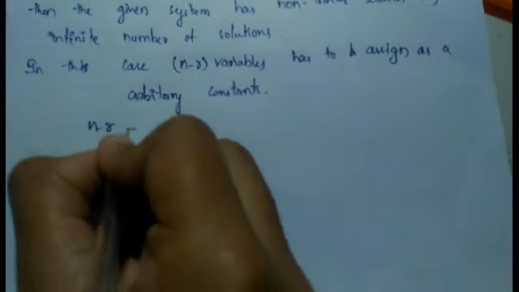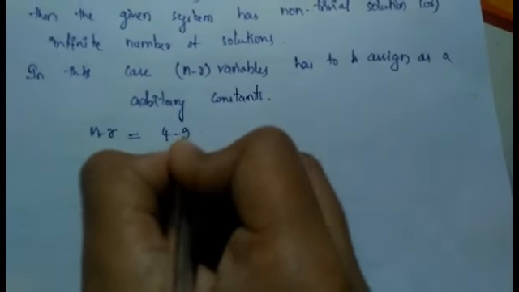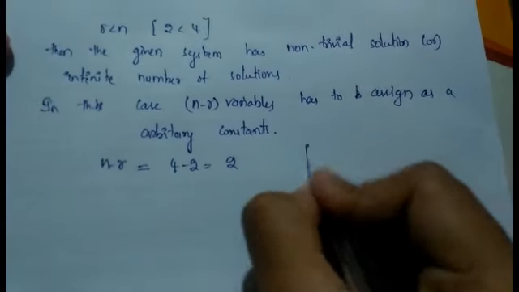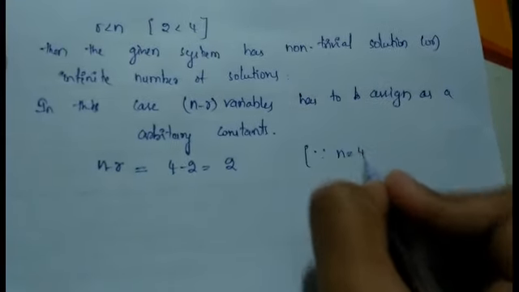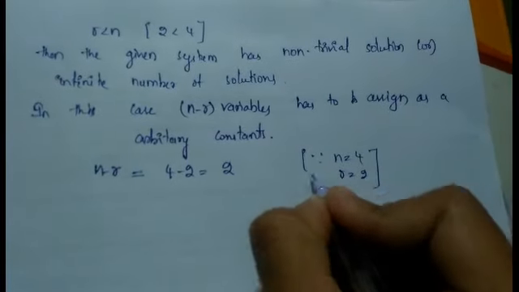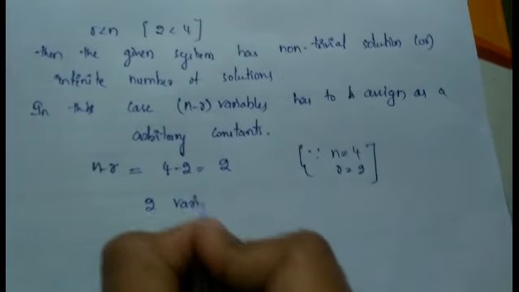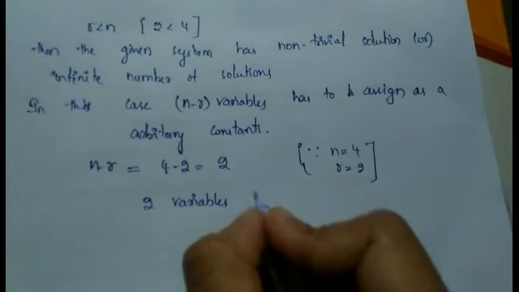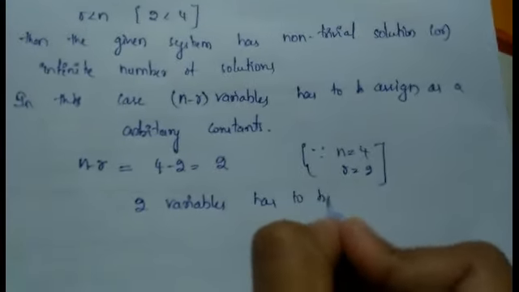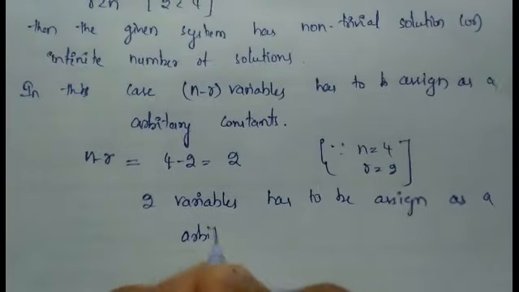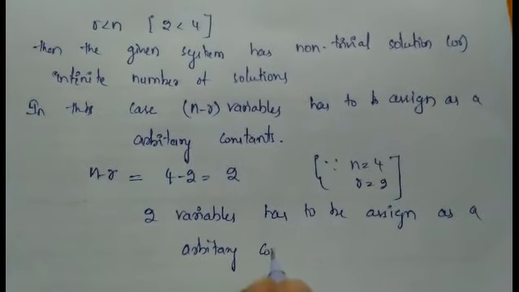Here n minus r is 4 minus 2, that is 2, since n equals 4 and r equals 2. So in this case, two variables have to be assigned as arbitrary constants.